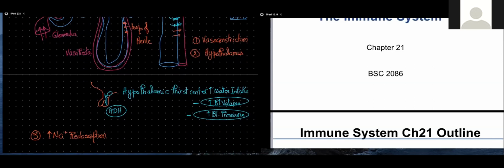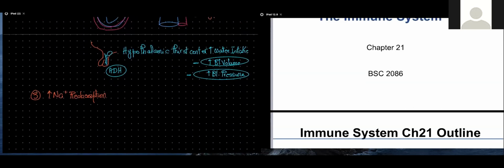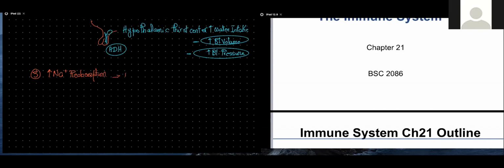Another way by which you're going to be increasing the sodium reabsorption, other than the direct effect of angiotensin II on your kidney tubules, is by stimulating the adrenal cortex to release aldosterone.